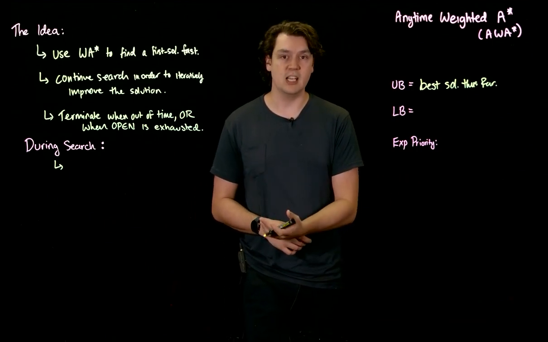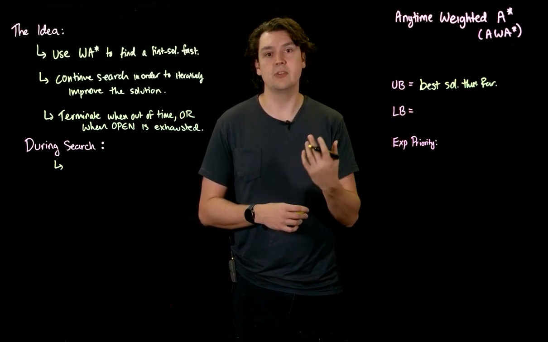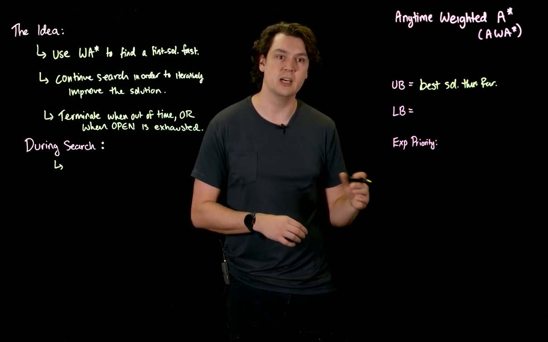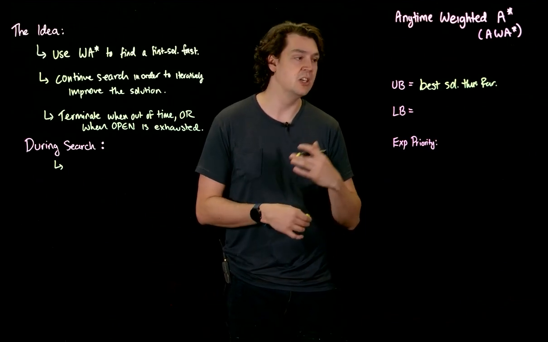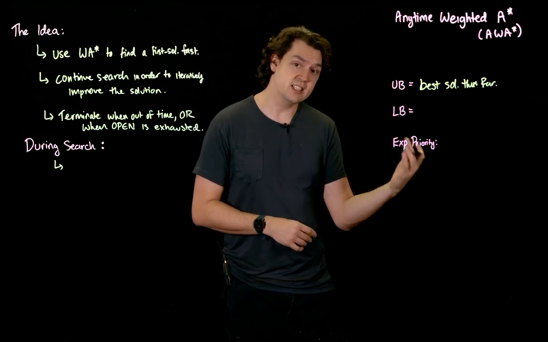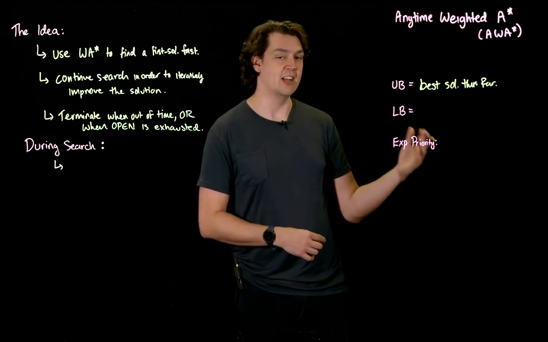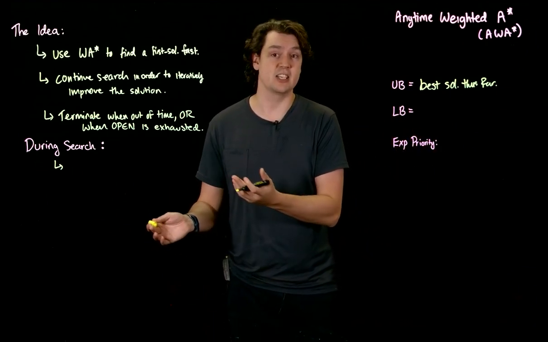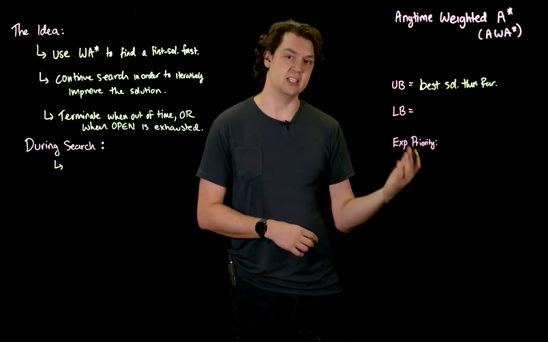During search, during a regular A-star, of course we start to see that the F values get pushed up over time, right? Often we now discover more obstacles in the map, we realize that we have to do a bit more of a detour, right? And so your optimistic estimate, your F values remaining in search, are going to increase slowly. Nonetheless, it is an optimistic estimate. Our heuristics are going to be admissible, right? They are underestimating the true cost, or are going to give you the exact cost in an ideal sense. So the lower bound is our optimistic estimate.